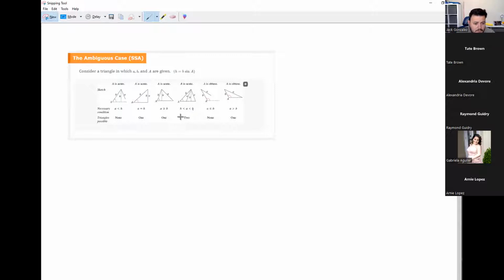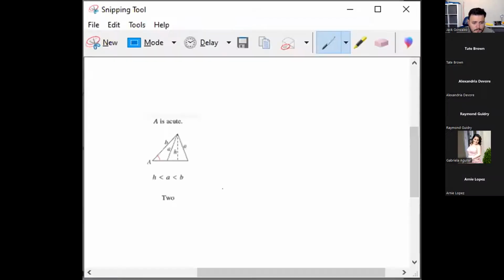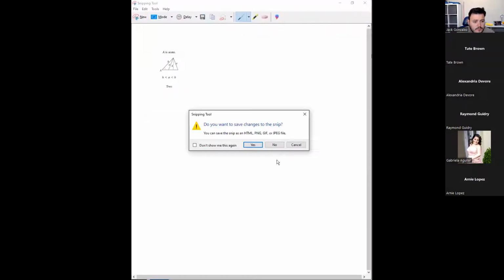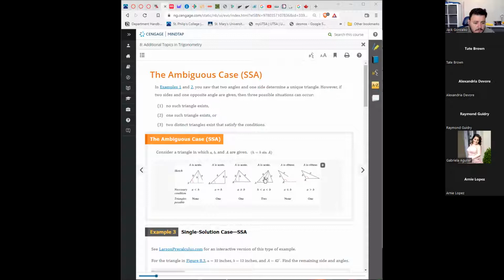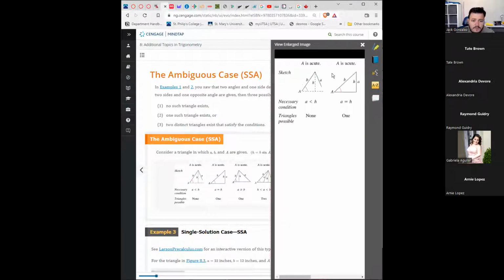So if you have 2 triangles, I'm gonna try to make it a little better. You can see right here, this piece will either swing out or swing in. So if it's not long enough, then you have no triangle. That's where you're gonna get the error. And if it is, then you'll probably get the one triangle solution.